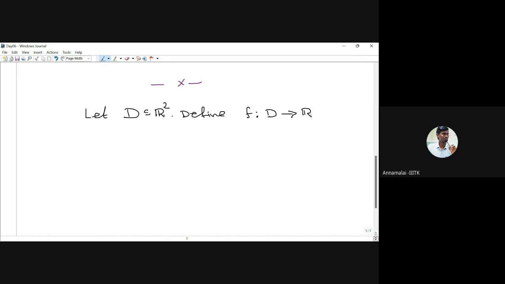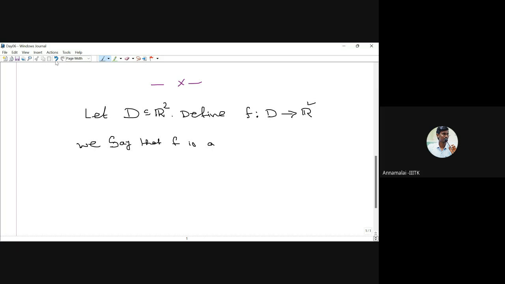We say the function is called a function of two variables. So we say that f is a real valued function of two variables, because real valued means the codomain is real.